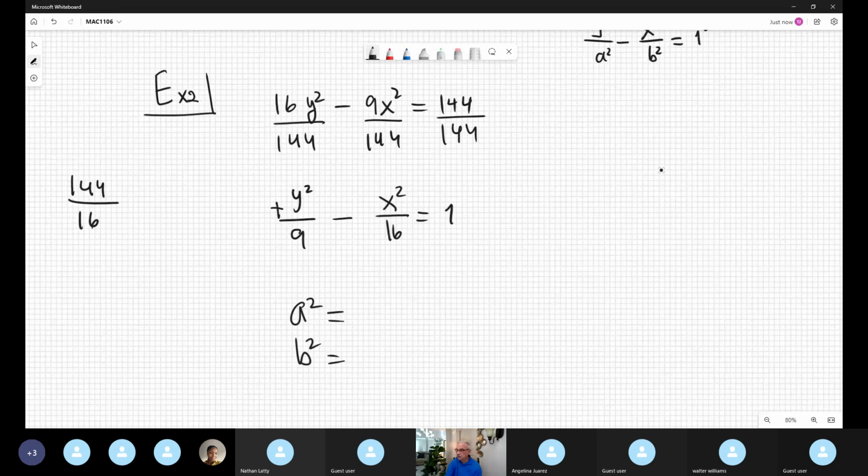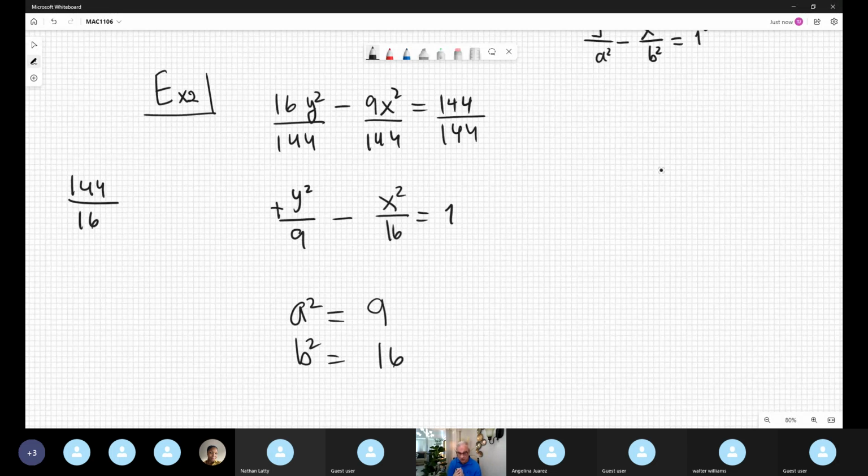Repeat again, I don't hear. The last part is the important part. I don't hear. Another guy can help to him. Who is A squared? 9. And B squared is 16. This is okay. You have 50-50, no?